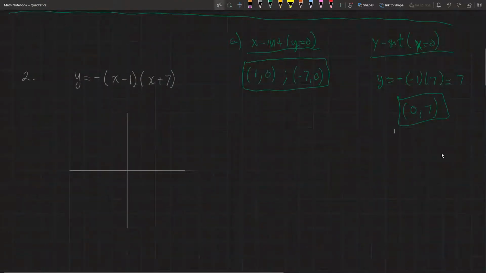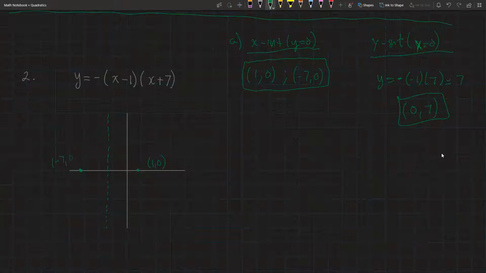And I always like to, once I have those three points, go to the picture. And I know that this will be something like (1, 0) right there. 7 in the negative direction will be somewhere right there. And we know that right in the middle of those two is the line of symmetry, since those x-intercepts are points of symmetry to each other. This must be the (1, 0) on the right. On the left side, we must have the (-7, 0). And the next thing we know, be careful with that negative sign.